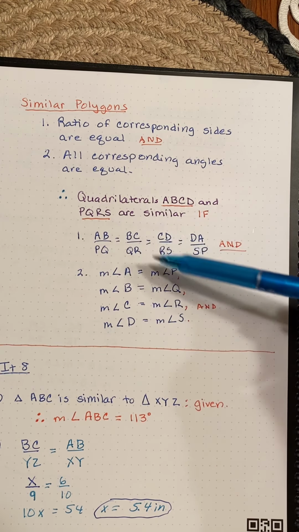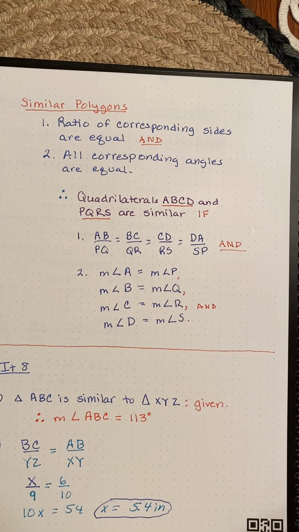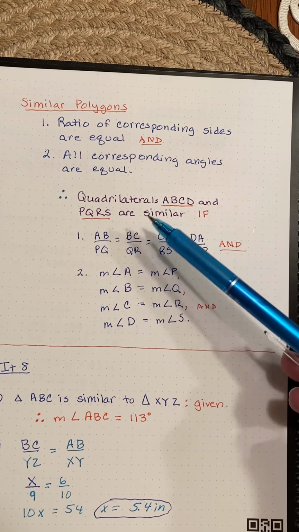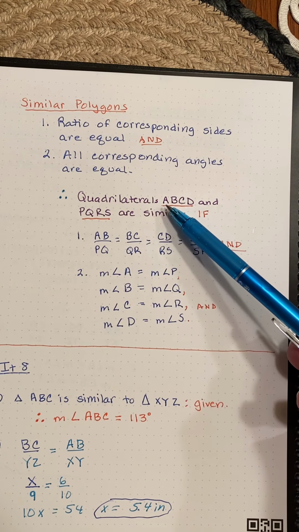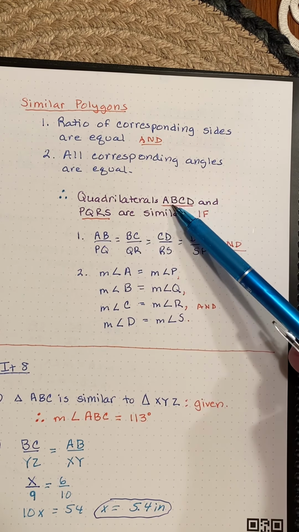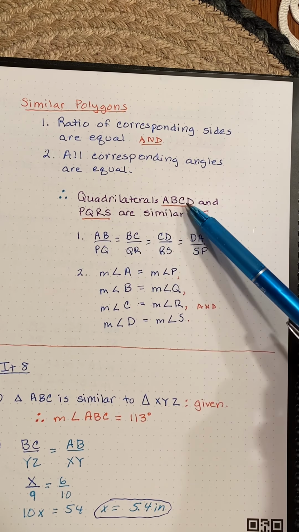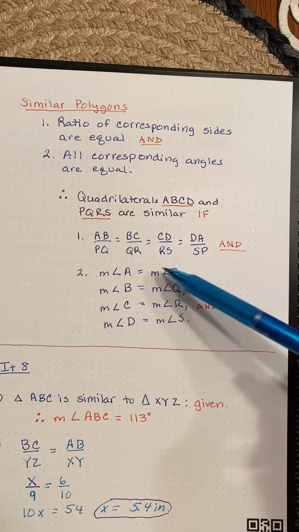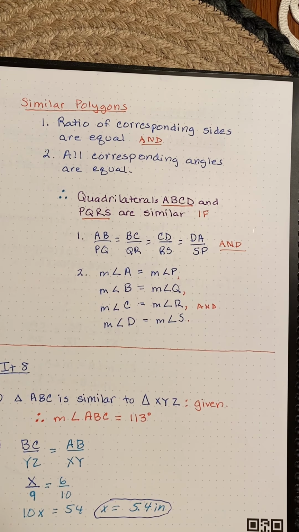So if those ratios are all equal, then we can go on and check out the angles. So if angle A is equal to angle P, angle B equal to angle Q, angle C equal to angle R, and angle D equal to angle S, if that all happens, then we would have two similar polygons.